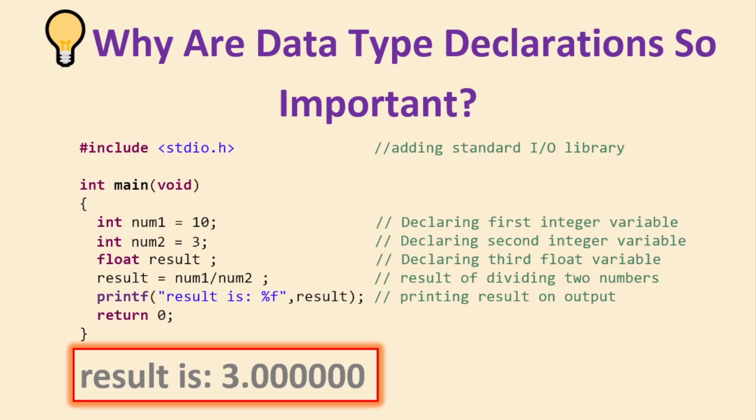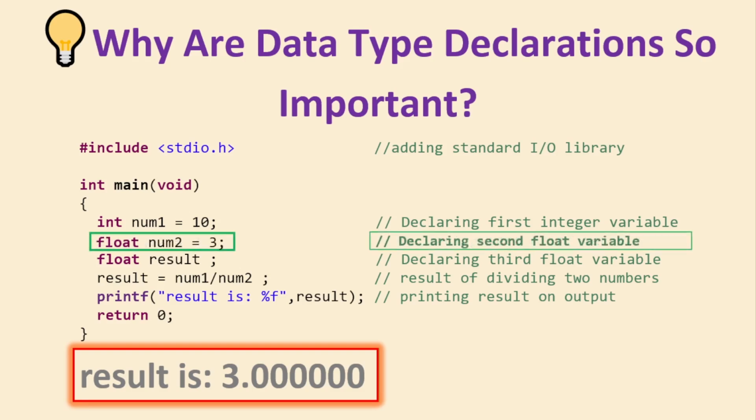Now, if we change num2 to float data type, will the result change? Yes. Now, dividing 10 by 3 will give us the expected decimal result with 6 digits of precision.